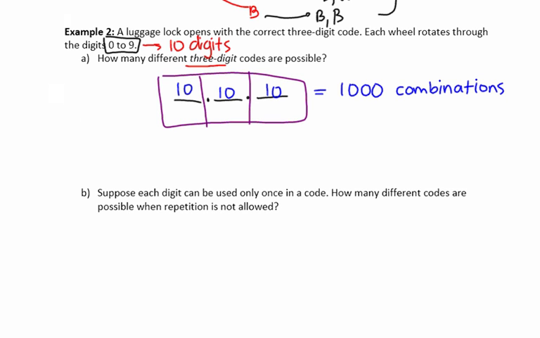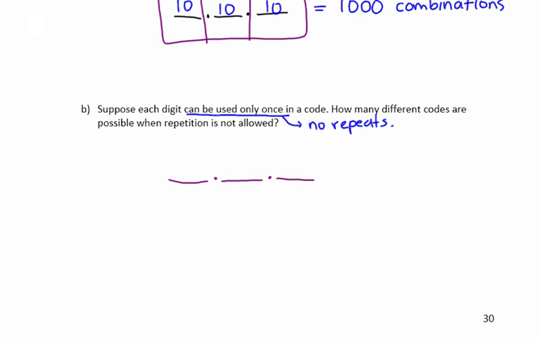Now, same problem. Suppose each digit can only be used once. So that's in a situation where we want no repeats. How does that change the problem? Well, we start with the very first slot. How many options do I have for the first one? How many digits can you put there? 10.